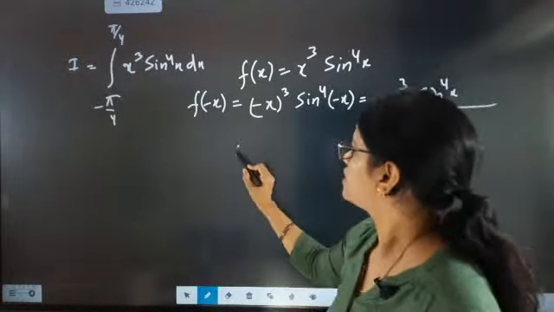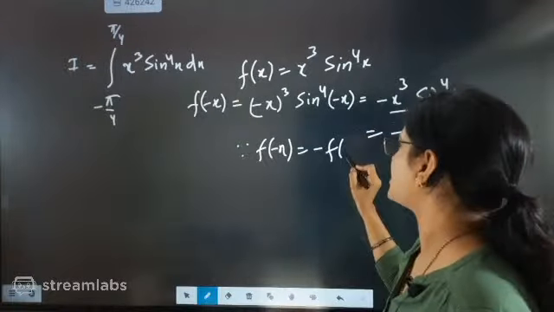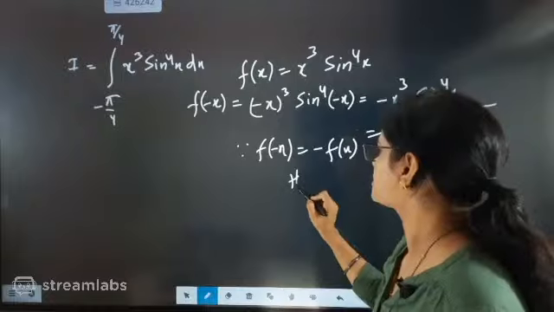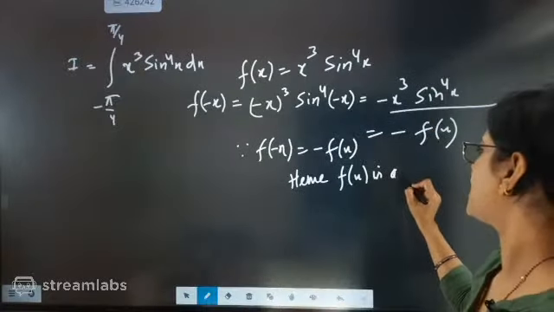So here, since f of minus x is coming as minus f of x, hence f of x is an odd function.